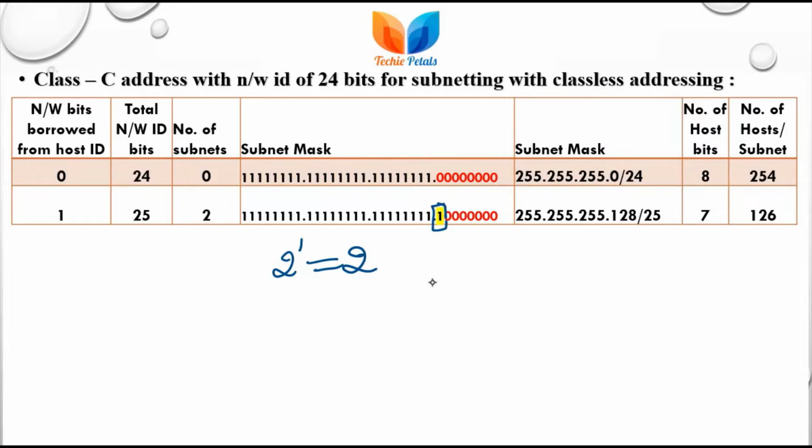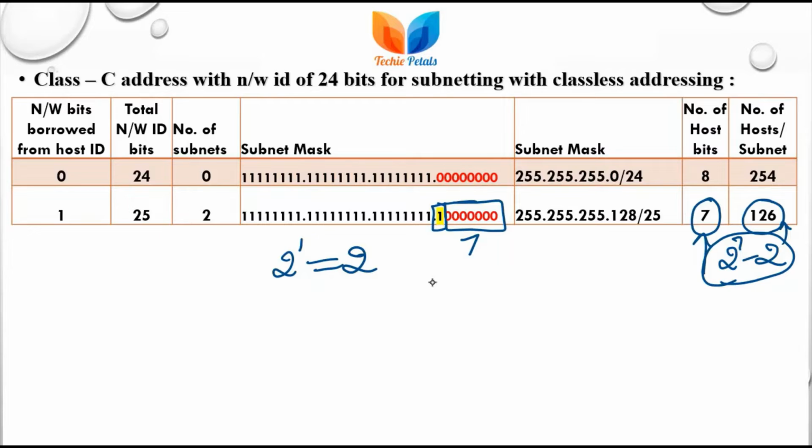Okay, and remaining 7 bits will be representing the host ID. So bits to represent host ID is 7, and number of hosts are 2 raised to power 7 minus 2, 128 minus 2, that is 126.